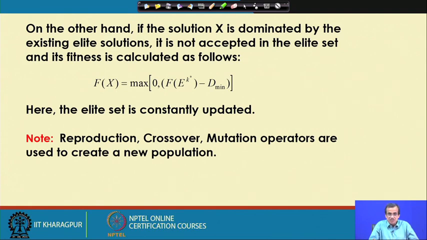This is one of the drawbacks of this algorithm. Otherwise, ultimately you will get a very good collection of N2 subpopulation, which contains all the non-dominated solutions, and we can plot it to get the Pareto optimal front.